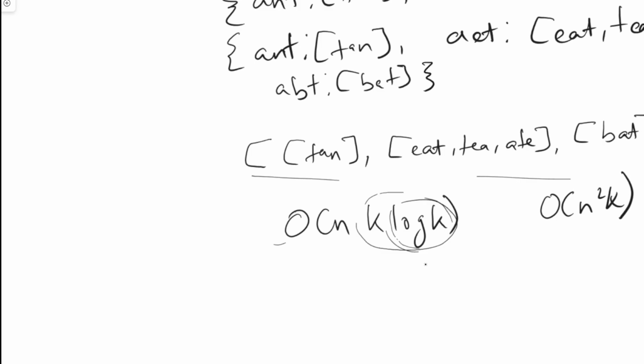We are sorting the word before we actually do anything to it to find out what group it belongs to, and then n just represents the number of words we have. So essentially, we are optimizing on that, and we have made it n k log k.